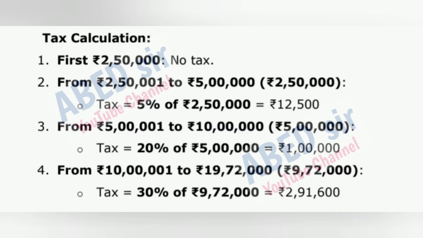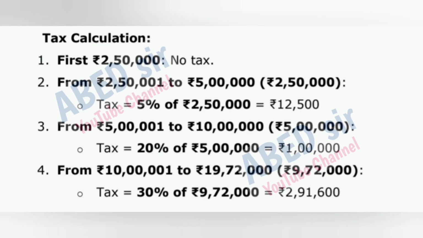Tax calculation. 1. First 2,50,000 rupees, no tax. 2. From 2,50,001 rupees to 5 lakhs rupees, 2,50,000 rupees. Tax is equal to 5% of 2,50,000 rupees is equal to 12,500 rupees. 3. From 5 lakhs and 1 rupee to 10 lakhs rupees, 5 lakhs rupees.